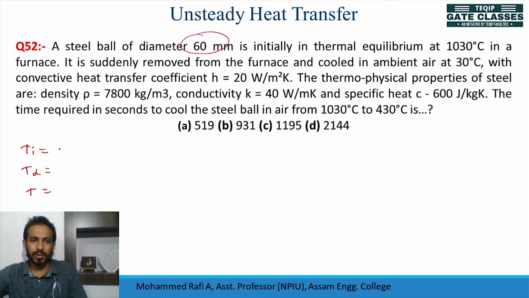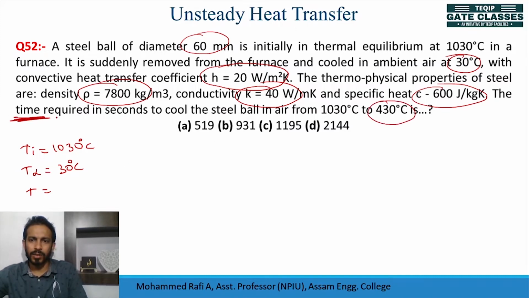Initially it is at 1030 degree Celsius in a furnace, cooled in ambient air to 30 degree Celsius, with the convective heat transfer coefficient h given, rho given, k given, and specific heat capacity given. All the parameters required to solve this question are given, and the question is what is the time required for this body to reach the temperature.